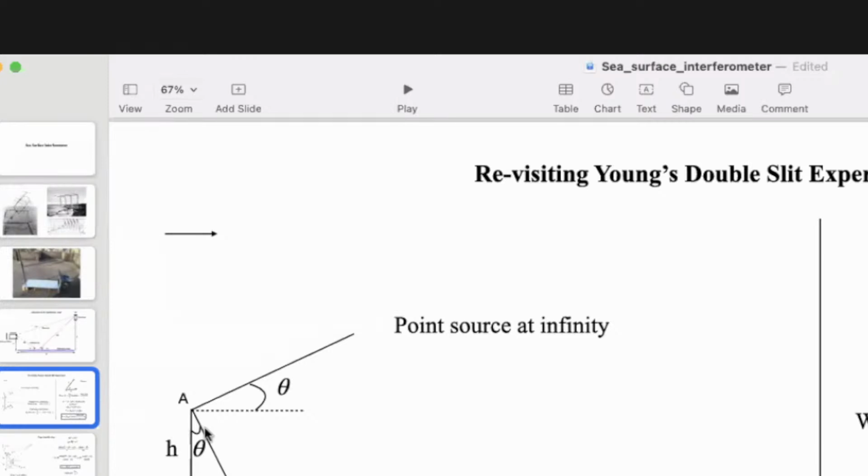The antennas are connected in such a way that we get the sum of the electric field falling on each antenna. You can see immediately that there is a phase difference between the two rays coming to these two antennas, and the additional path length traveled by the second ray will introduce some phase, which will create interference.